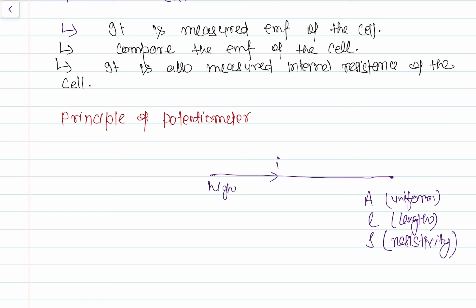So let's consider the potential here is V1 and here is V2. Then the potential difference V1 minus V2 is equal to I times R, where I is the constant current flowing and R is the resistance of the wire, which is rho L by A.